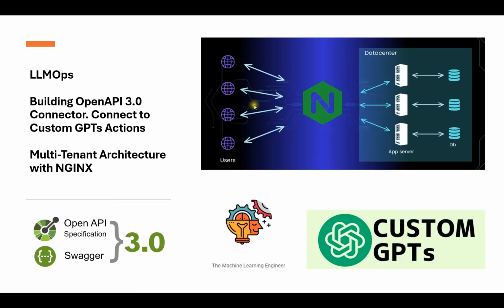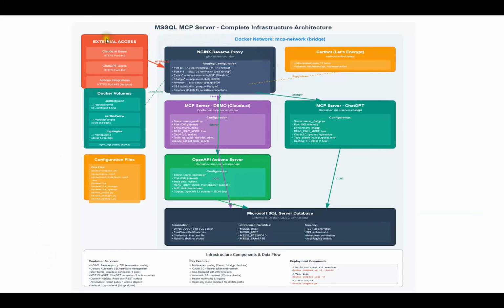To do a little bit of a recap, here you have what I just mentioned. We have our Claude AI users, ChatGPT users, and Actions. This is ChatGPT, but using Actions. We will cover this later in the demo.